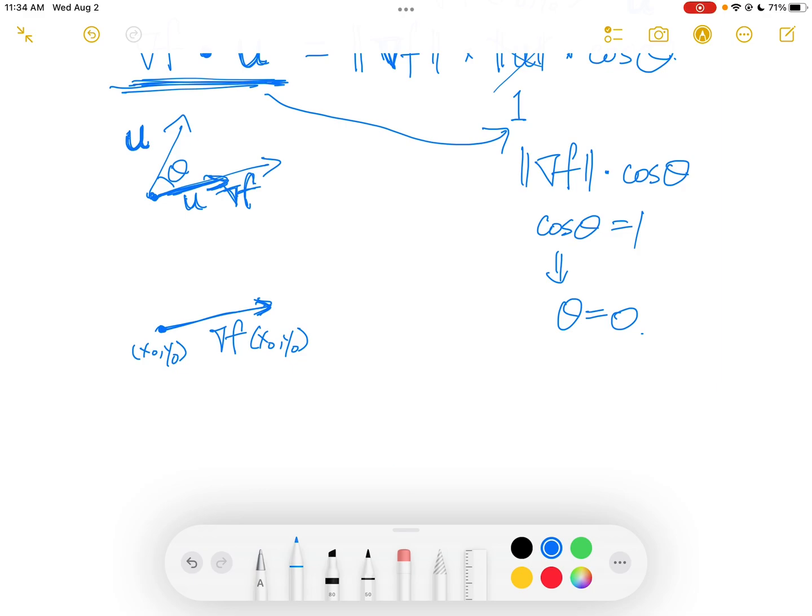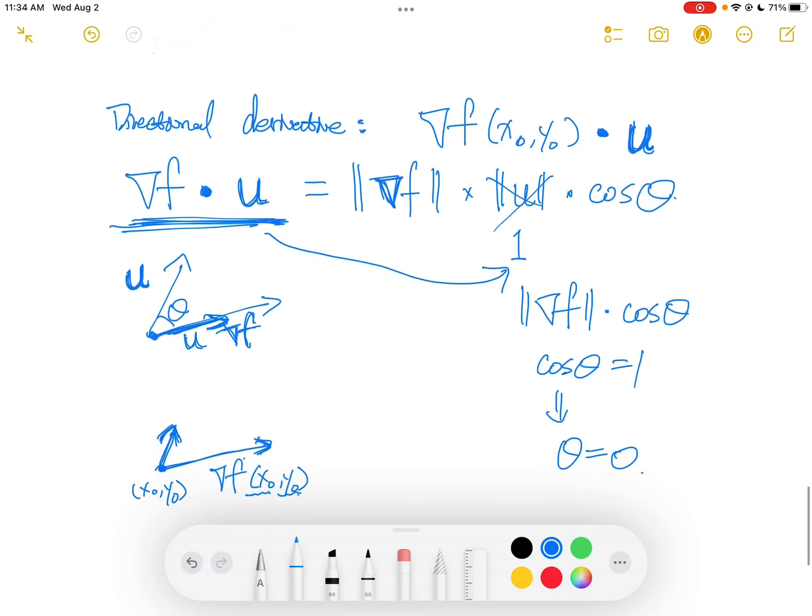If we deviate from that direction, then in layman's terms, we're not taking full advantage of the rate of change along the x and y directions. We're only taking part of the effect caused by change in x, and only part of the effect caused by change in y.